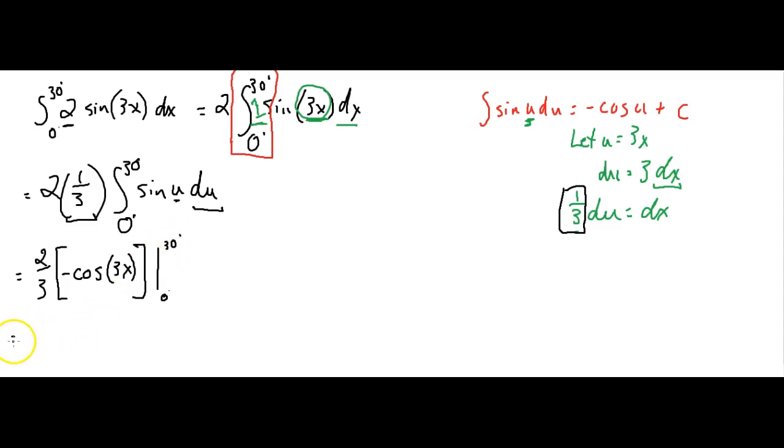So that is equal to 2/3. When you evaluate from 0 degrees to 30 degrees, what you want to do is sub in the upper limit first for your x value, and then subtract the value with the lower limit subbed in. So let's write that out.